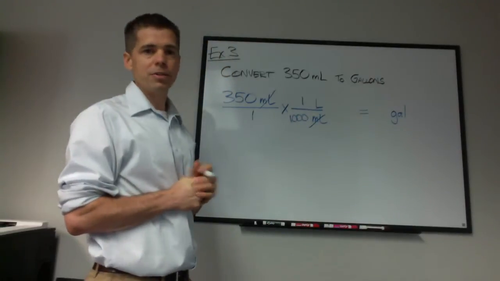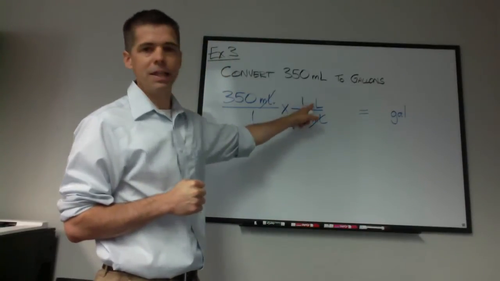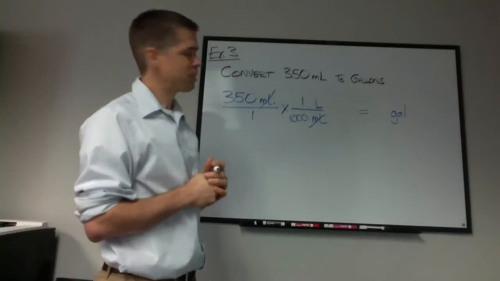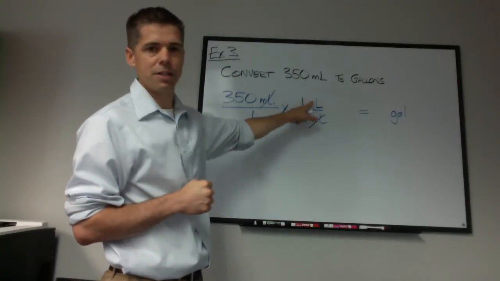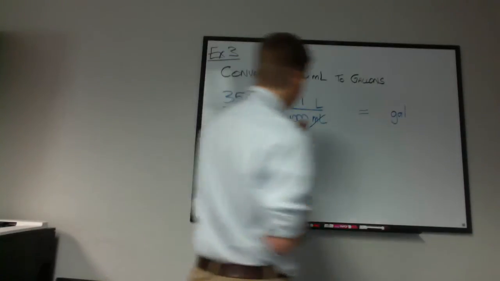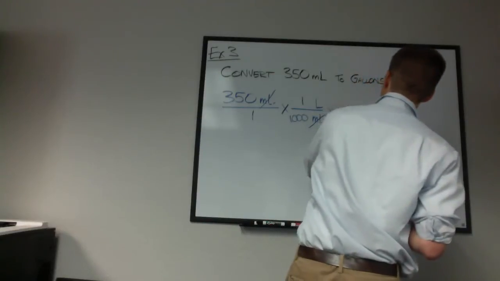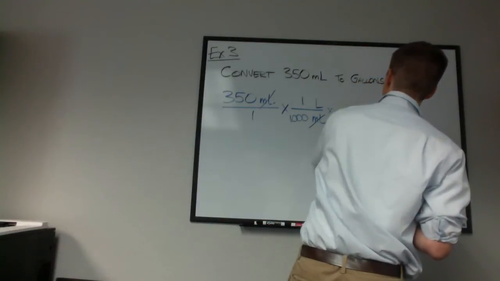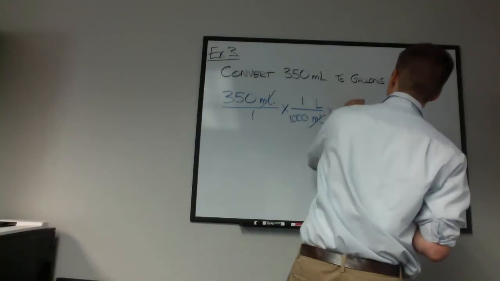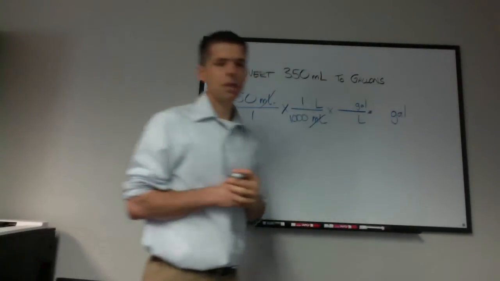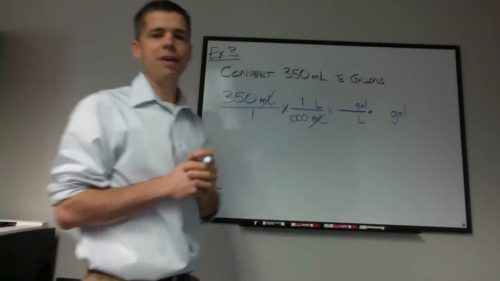Now, my milliliters have crossed out, and I've got liters. I'm just going to add another step to my problem and get the liters to cross out and give me gallons. Now, this conversion factor I do know.